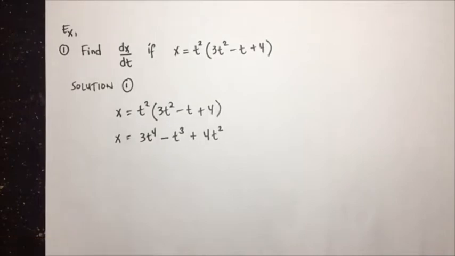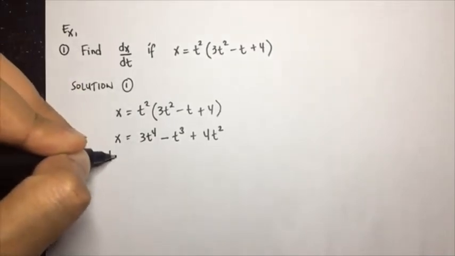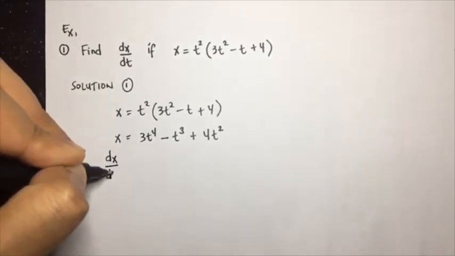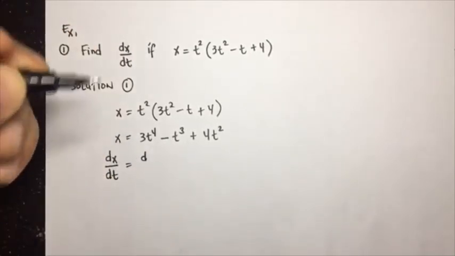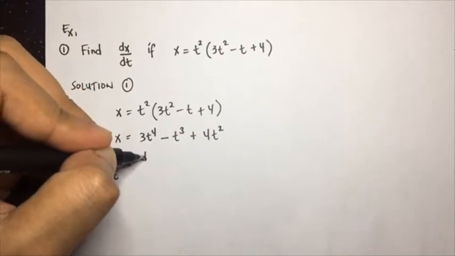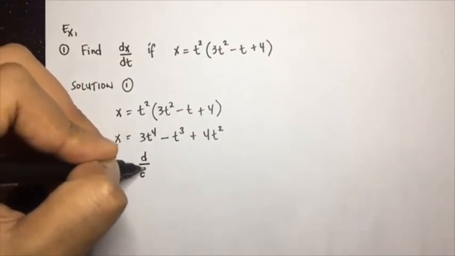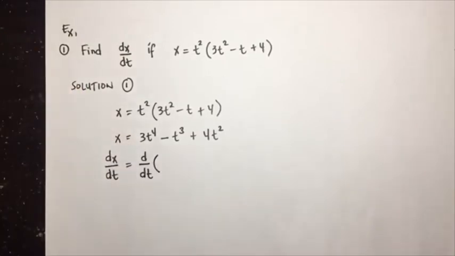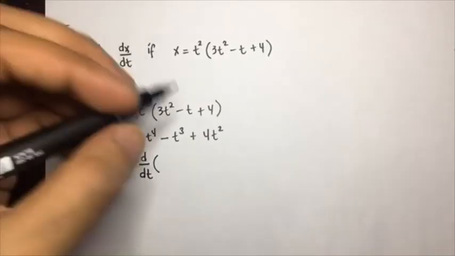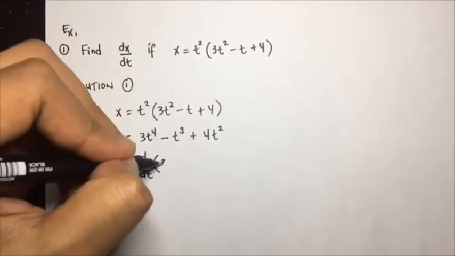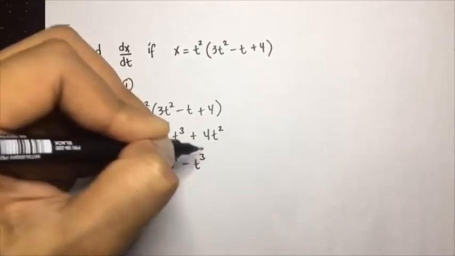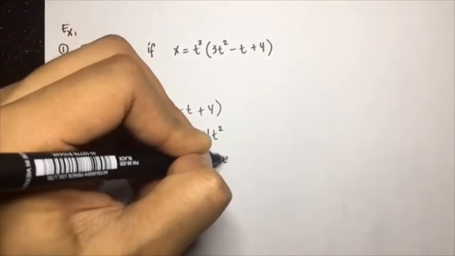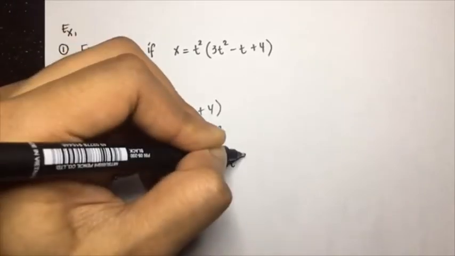And then deriving, the derivative of x with respect to t is equal to the derivative with respect to t of 3t to the power of 4 minus t cubed plus 4t squared.